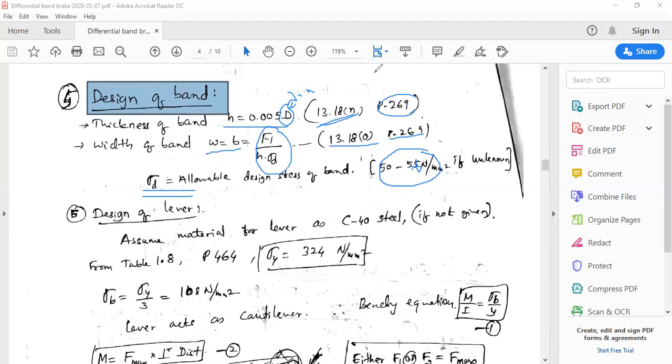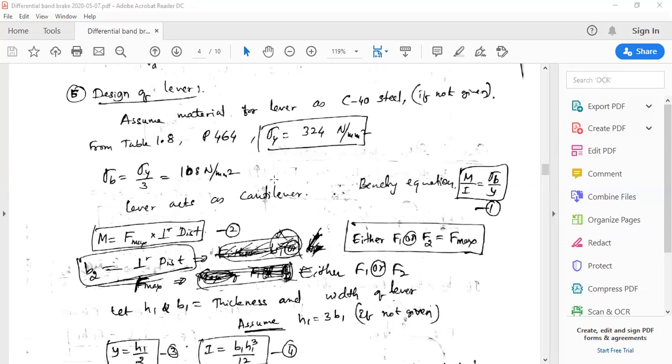After this, the next step is to carry out the design of lever. Usually the brake lever is made of rectangular cross section. With respect to the material, if it is specified, that is well and good. If material is not given, assume C40 steel or C30 steel, any steel material, using the appendix of the data handbook.